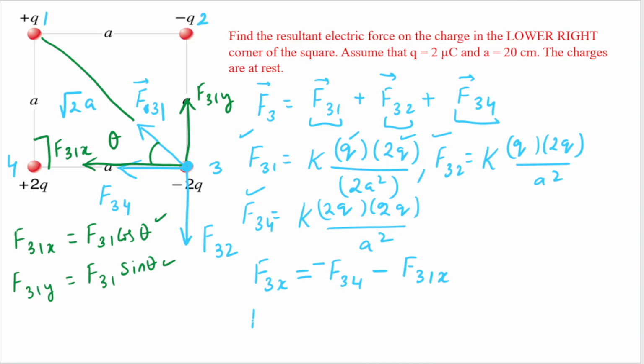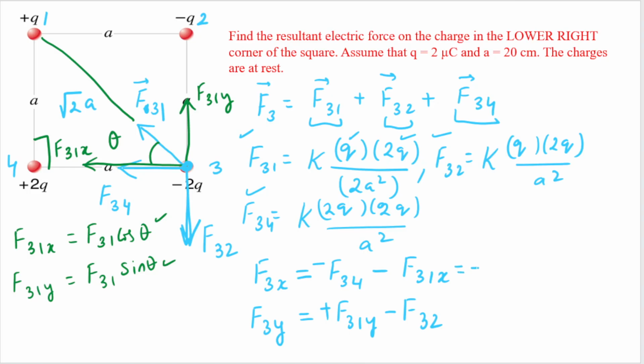Now let's look at all the Y components acting on charge Q3. F31Y is in the positive direction, so F31Y with a positive sign, and F32 is in the negative direction, it is pointing downwards, therefore minus F32. Let's substitute F31X and F31Y.